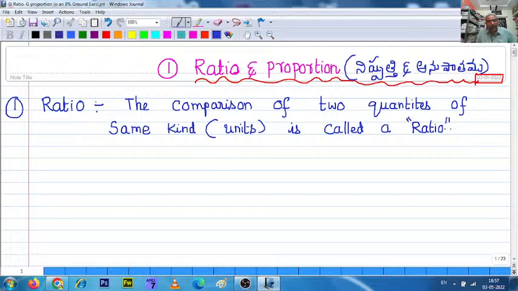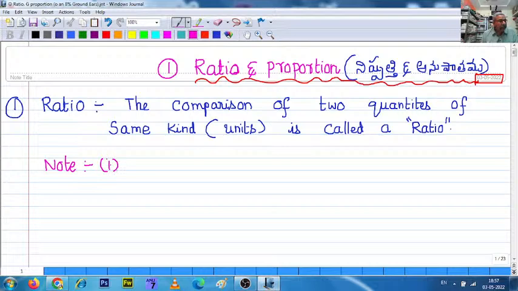Now how do we represent or denote the ratio between two quantities? Let's have a discussion on that. First of all, write down the note.